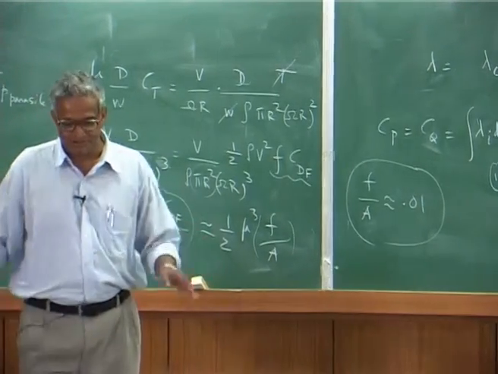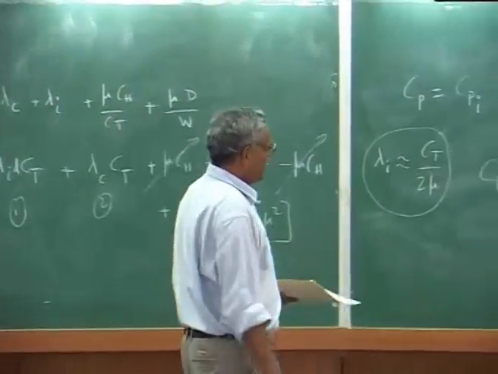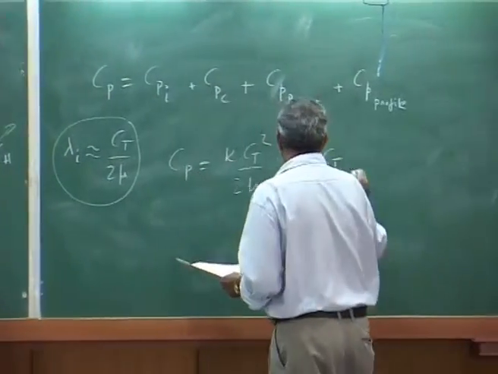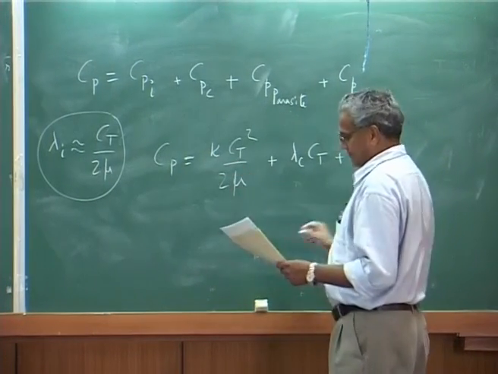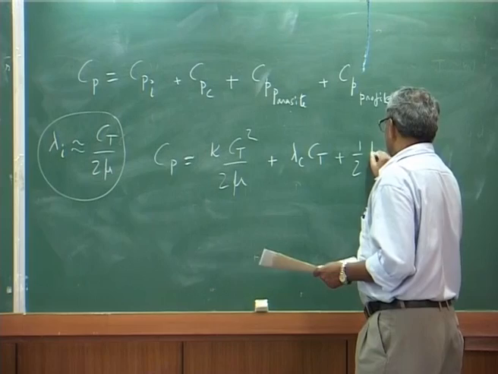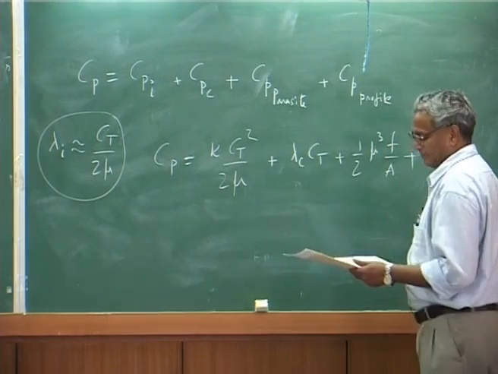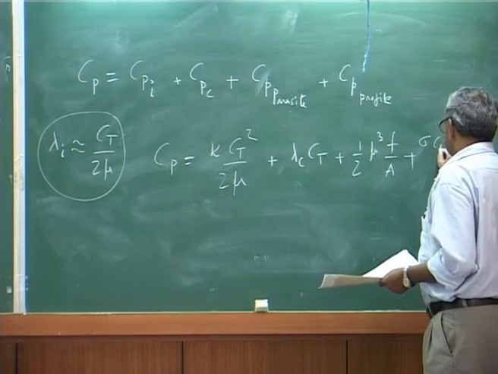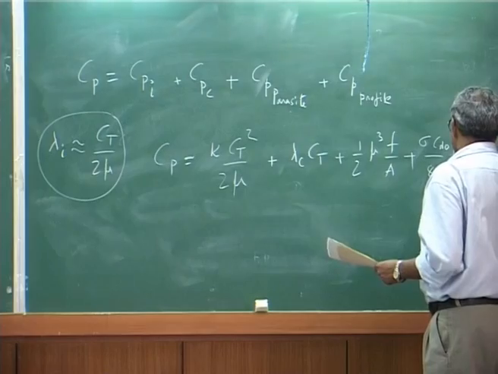Now you have the expressions for all of them. If you combine everything, so you have Cp, this term, plus half mu cube F over A plus sigma Cd0 over 8 into 1 plus 3 mu square.